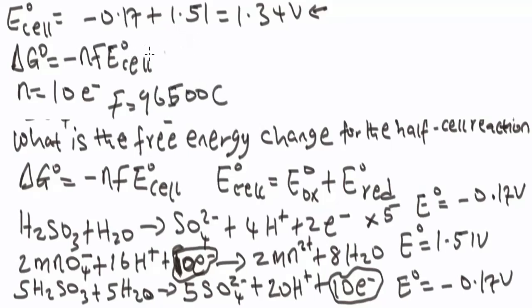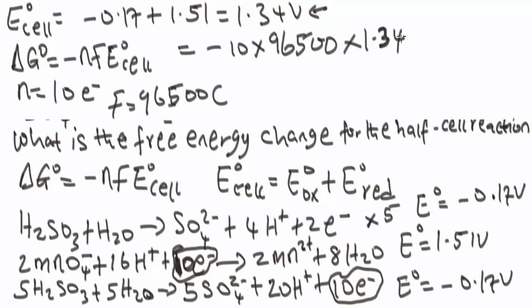So when you put it in this formula, the change in Gibbs free energy will be minus 10 times Faraday's constant 96,500 coulombs, times the cell potential 1.34. So let me punch everything in my calculator. Okay, so I have it to be minus 1,293,100 joules.